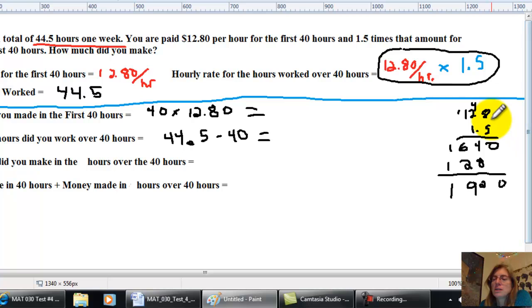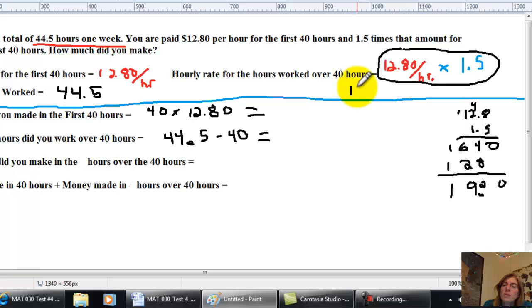Okay, now I count my decimals. This is 12.8. I have 2 decimal places, so I make sure the answer has 2 decimal places. So my new hourly rate for hours worked over 40 hours is $19.20.